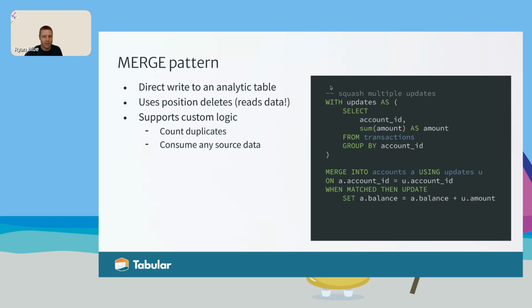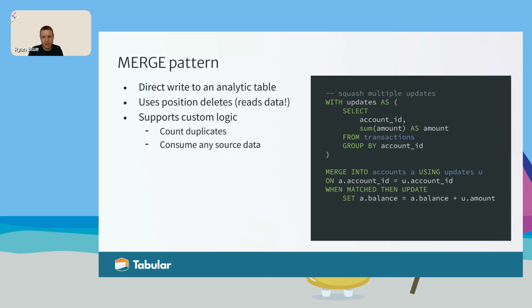And this is where that trade-off with the double update problem happens. So we squash each update into a single update. And then we have a very simple way of applying those changes. Merge into the accounts table using our updates from up here. And when we have a match, update the balance by the amount from the transaction log. So this is really simple.